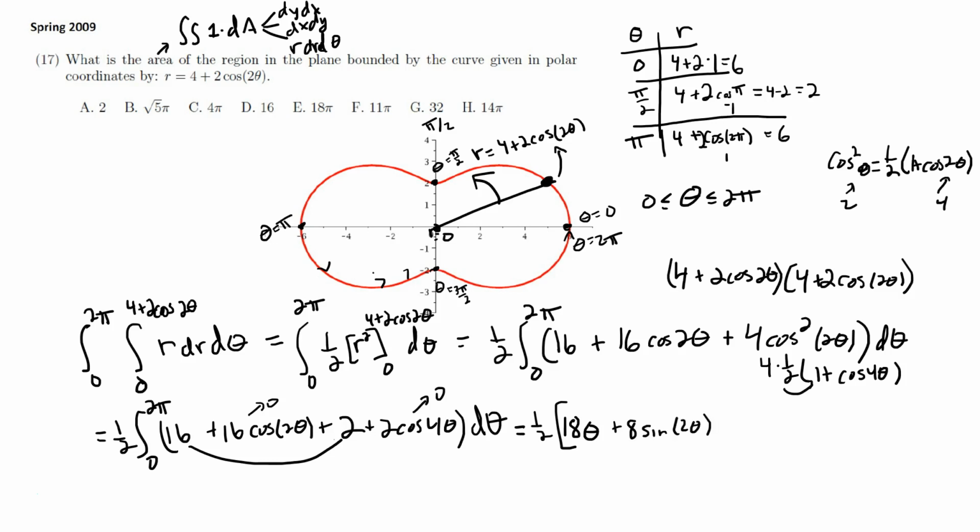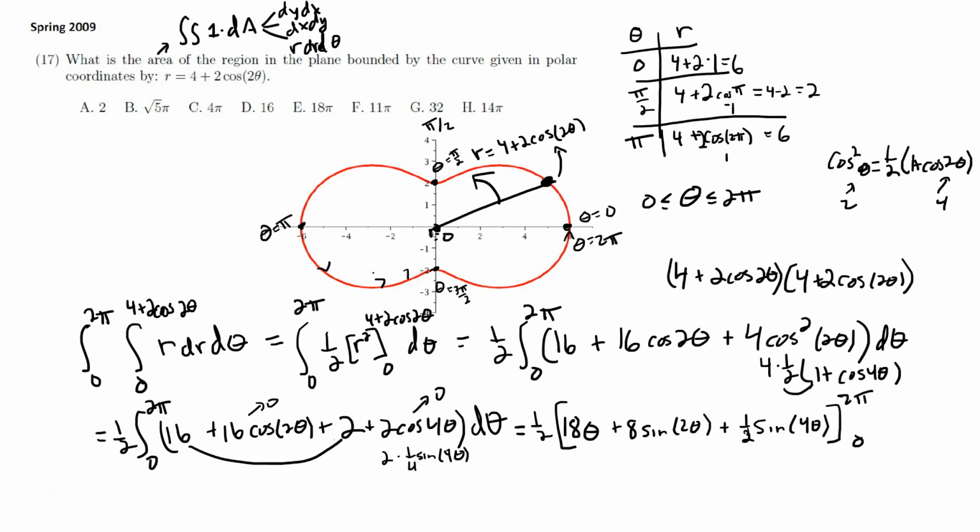And then we're going to get a half of the sine of 4 theta, because there's this 2 here, and when you integrate cosine of 4 theta, you get a fourth of the sine of 4 theta. So that's how we end up with that. And since we're going from 0 to 2 pi, these are going to zero out.